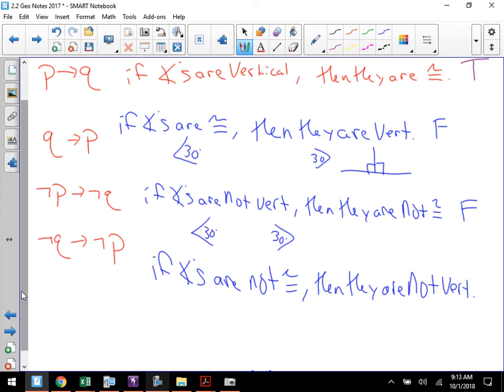True or false? It's true. If the angles are not congruent, that means they can't be vertical.